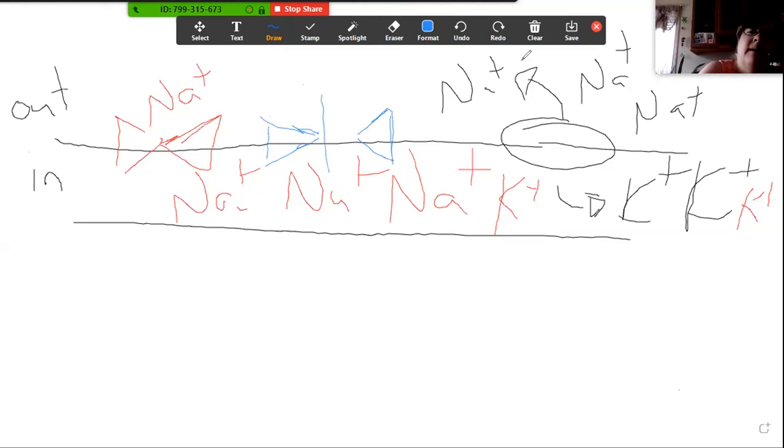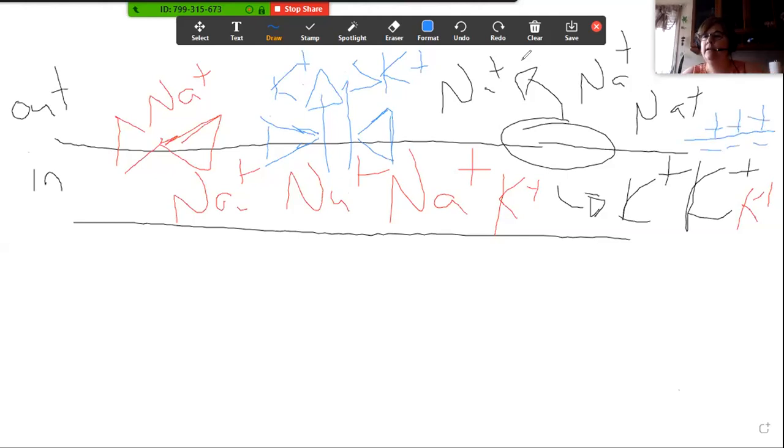So we have this massive amount of potassium ions being diffused to the outside of the cell. Lots of potassium are diffusing to the outside, sodium's being pumped to the outside, and after a period of time, we're going to get, again, our net positive on the outside and a net negative on the inside.